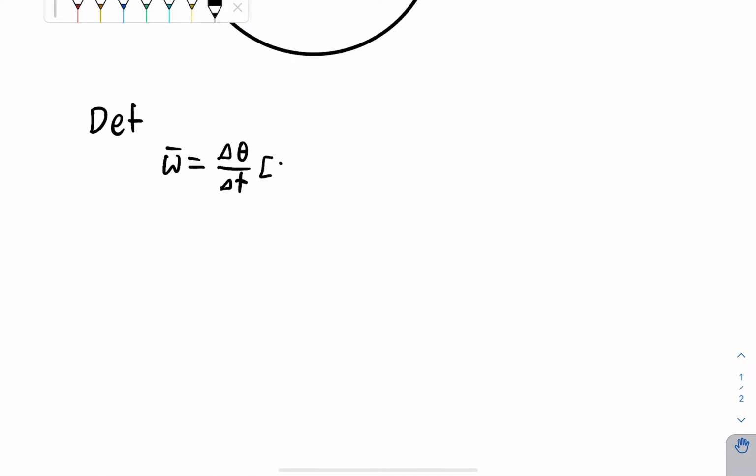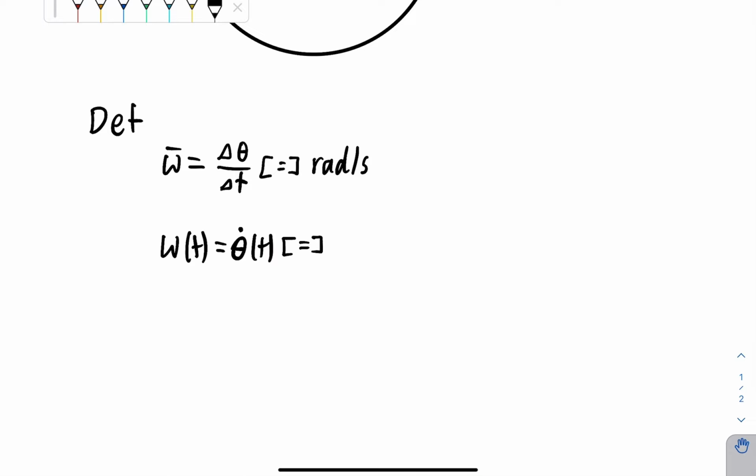This is in units of radians per second. Likewise, we can do a limit and find the instantaneous angular velocity. Omega of t is equal to theta dot of t, and this is in units of radians per second as well.